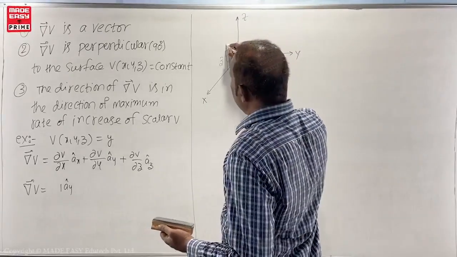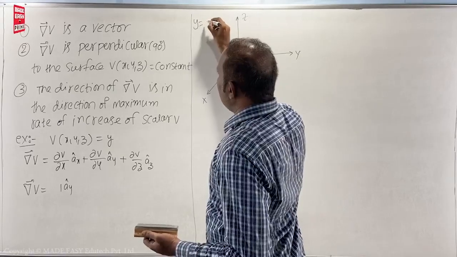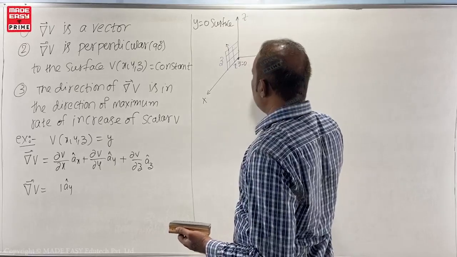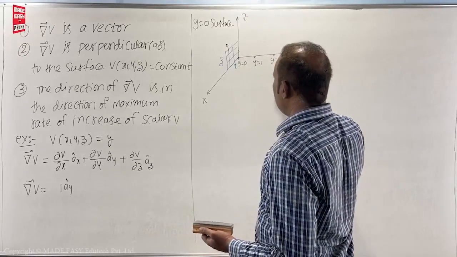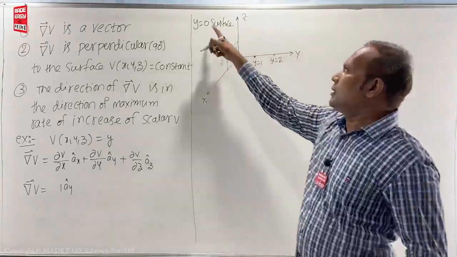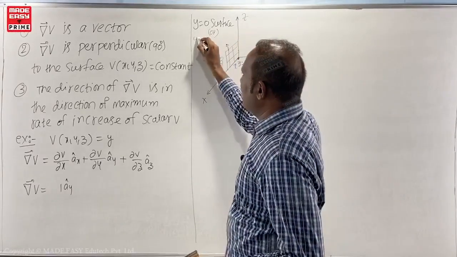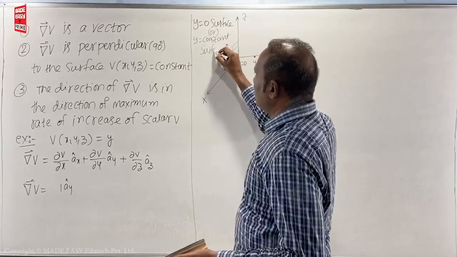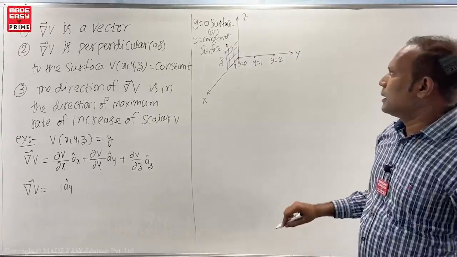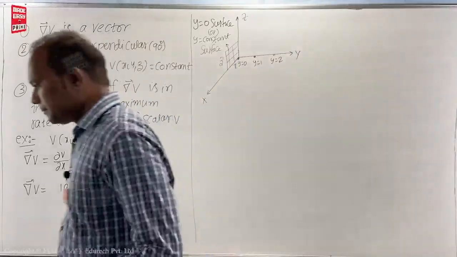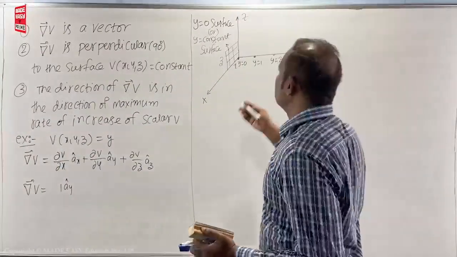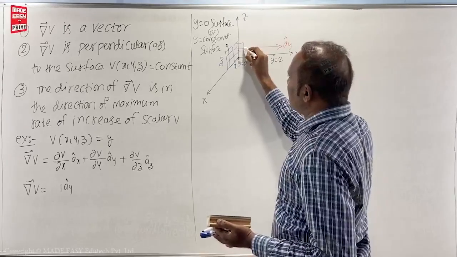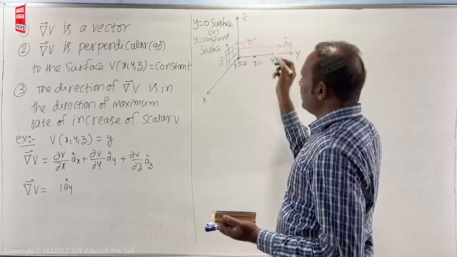This is also called the y equal to 0 surface, because here the y value is 0. For example, here y is equal to 1, here y is equal to 2, like that. Here y is constant, so it is also called the y equal to constant surface. Now this one is ay cap. This makes 90 degrees with this y equal to 0 surface.